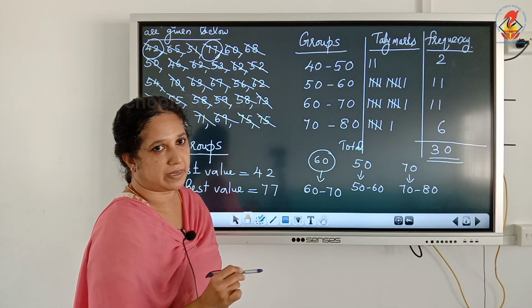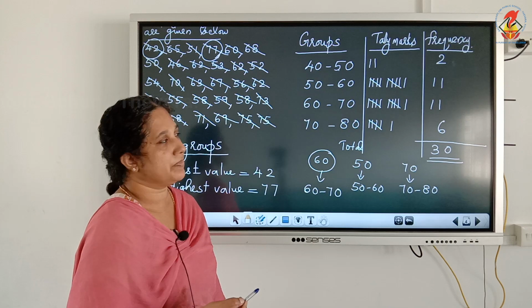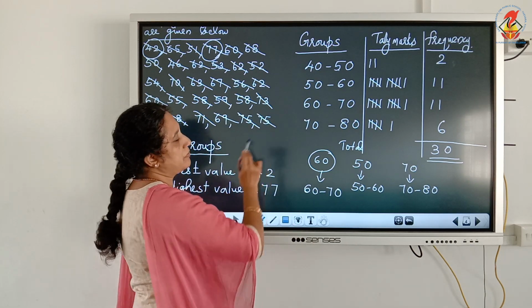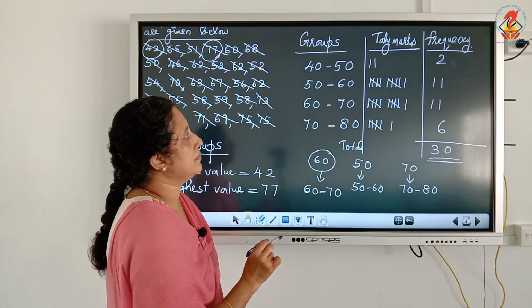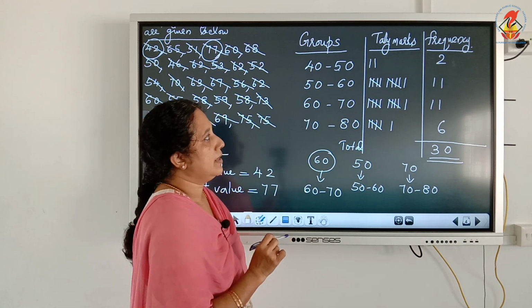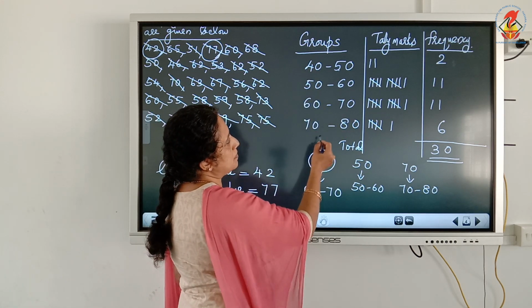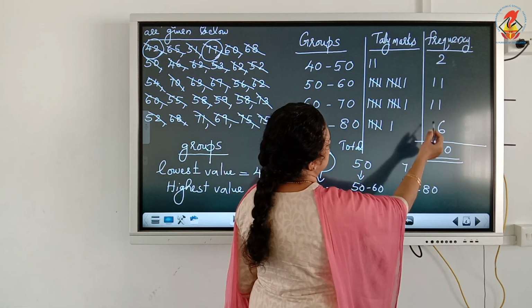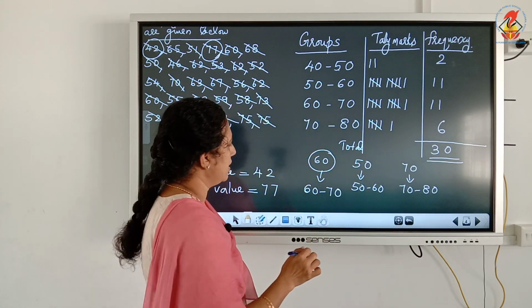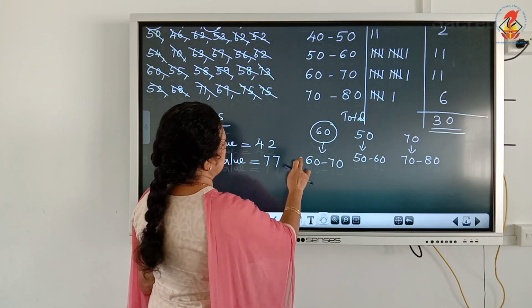So we organized the data, divided it into different groups, and made the table. The table consists of three columns: the first is groups, the second is tally marks, and the third is frequency. Now look at the groups.